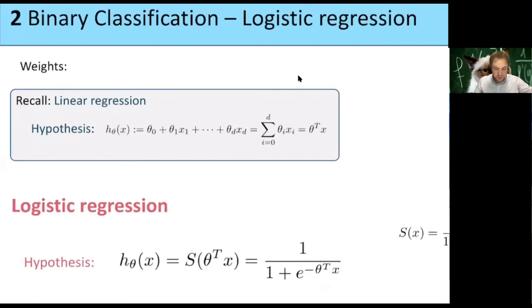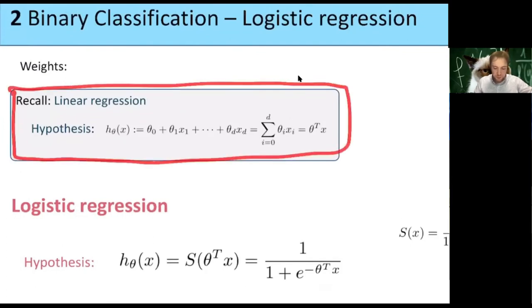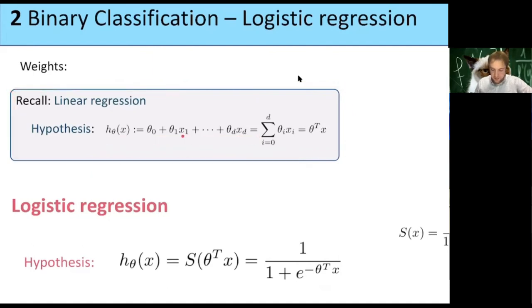So recall in the linear regression, the hypothesis we chose had this shape here. We had d features, x1 up to xd, and we multiplied them with these weights.